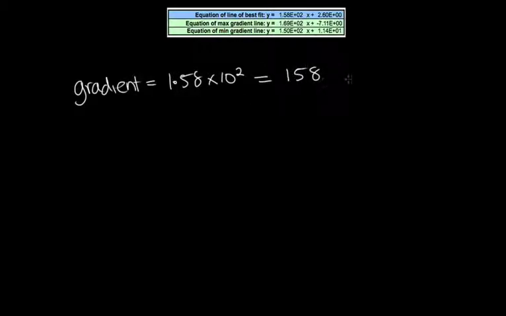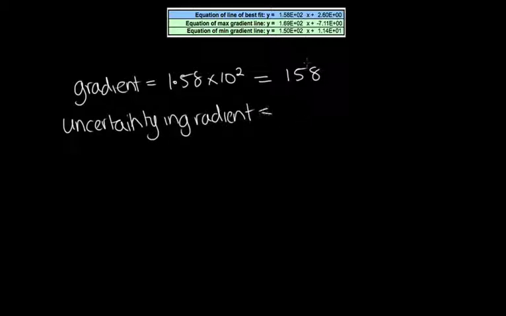So now let's calculate the uncertainty in our gradient. To get the uncertainty in gradient, we need to do the steepest gradient, which is the highest gradient, which is this one here.